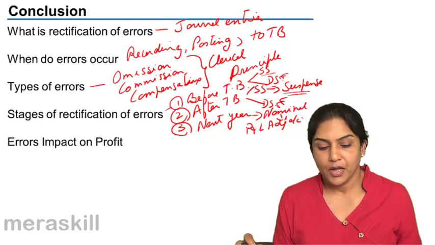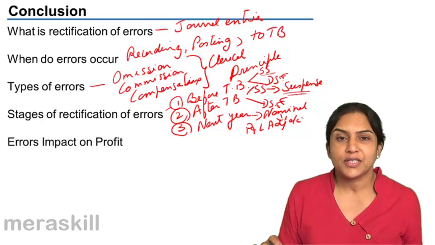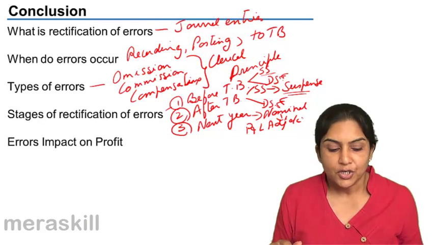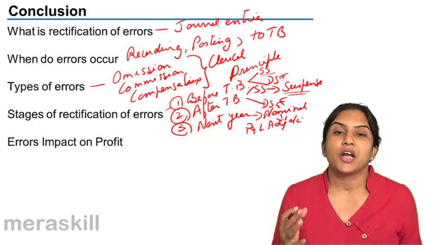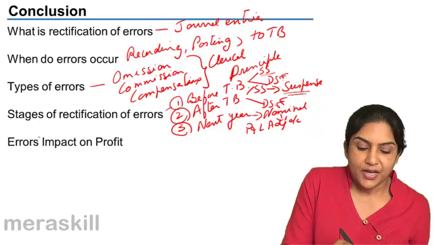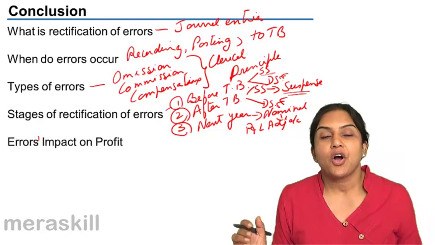After this, we also took a few examples to discuss what is the impact on profit on account of certain errors. The impact of some errors on profit.